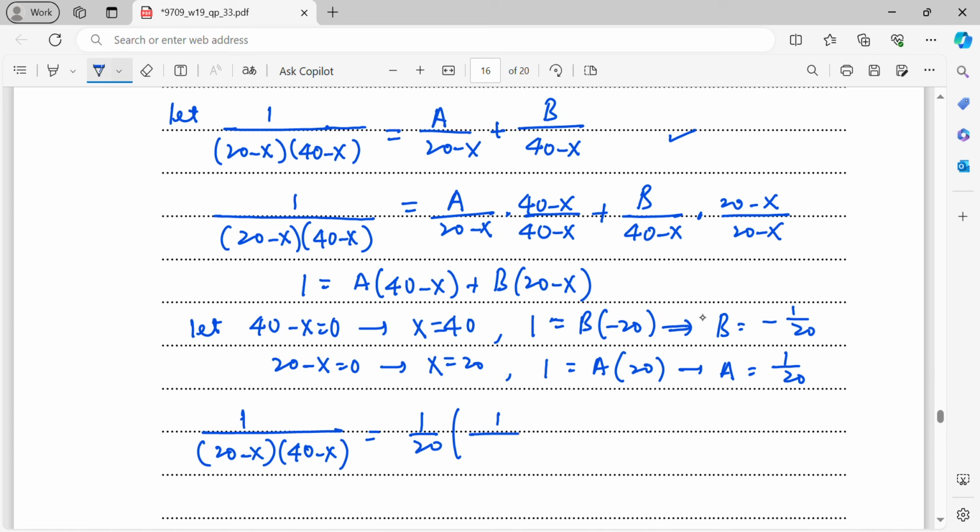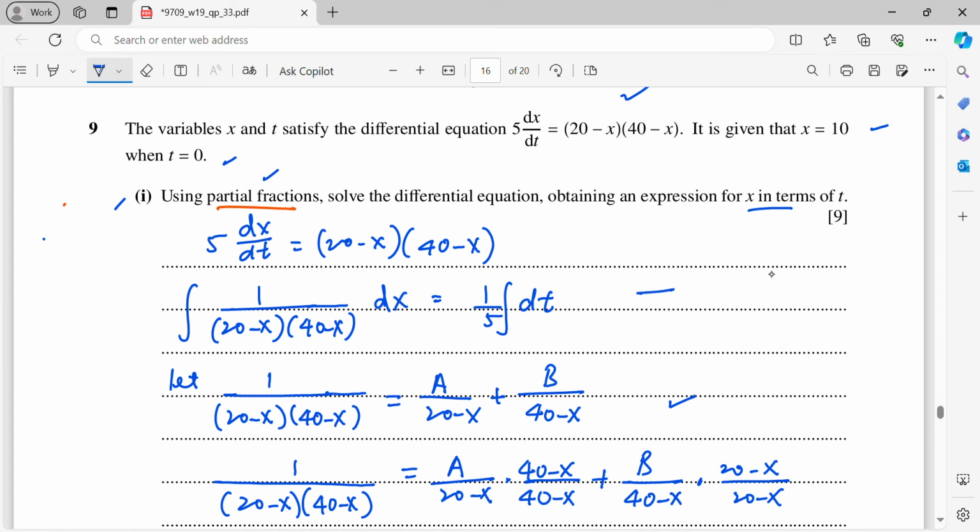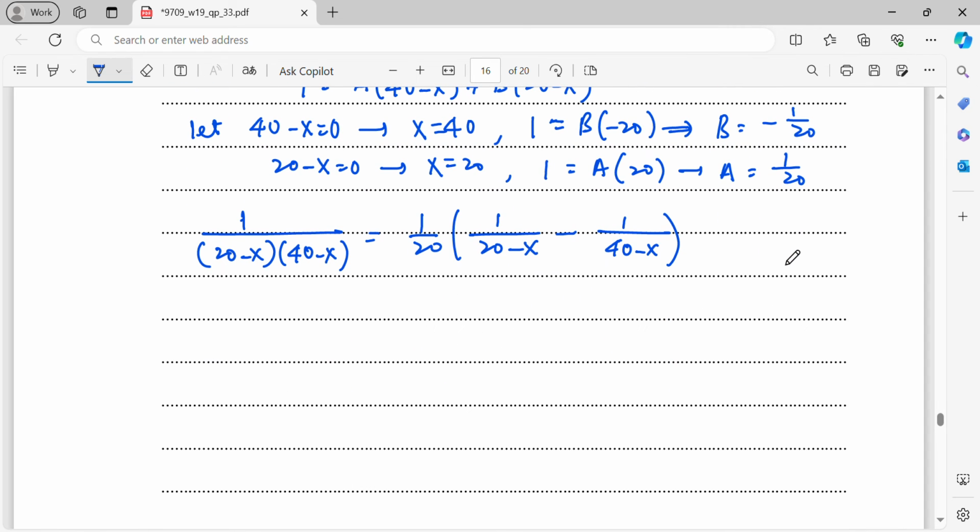Then here will be 1 over 20 minus x, then minus 1 over 40 minus x, because both are the same values, and one is positive, one is negative. Now I substitute back into this general equation and take integration on both sides. So 1 over 20 integrate of these two terms equals 1 over 5 integrate dt.